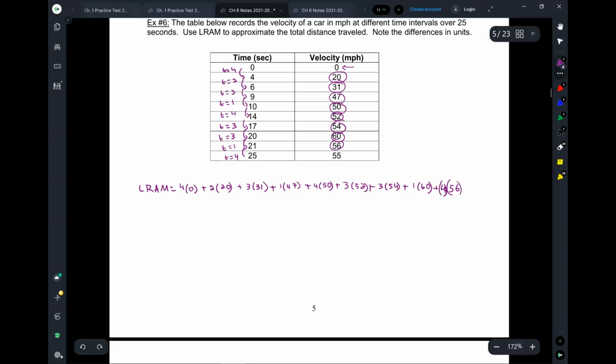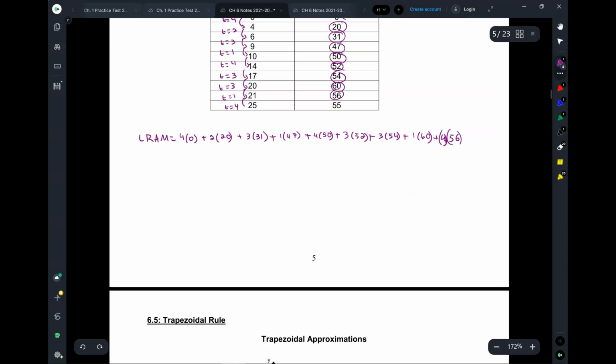If I multiply all this out, check out what I have. The value is 982.